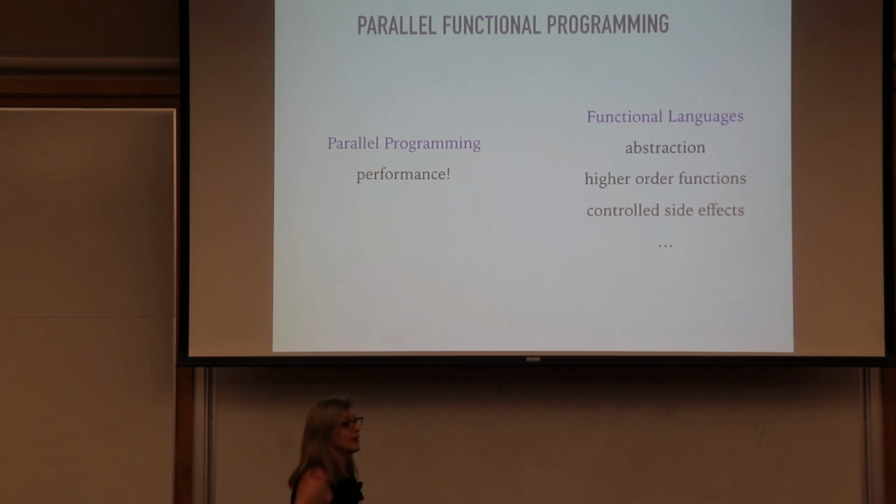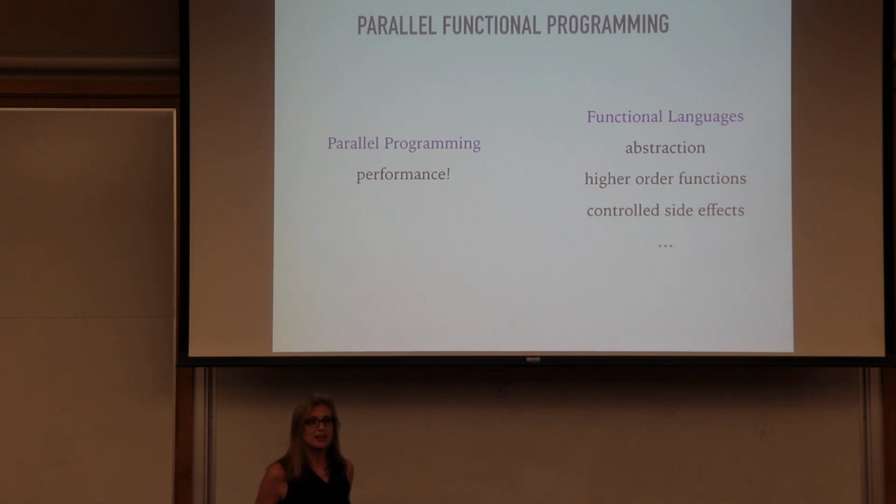And functional languages have a lot going for them. They offer a high level of abstraction with all these nice things like higher order functions, controlled side effects, and so on. But usually performance is not the strength of functional programming. No one says, well, I wrote my program in Haskell or in ML because I really needed the speed.